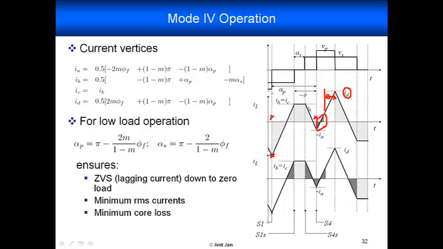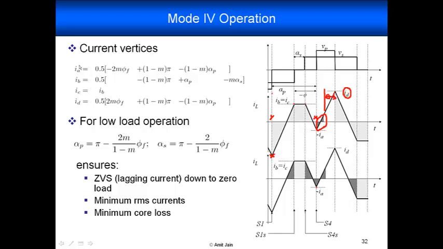So to keep the RMS currents low, we want to bring IB, IC down towards 0, IA up again also towards 0. But to get zero voltage switching, we want IA, IB, IC to be all greater than 0. So that gives us the limiting condition on achieving zero voltage switching and minimizing the RMS currents.